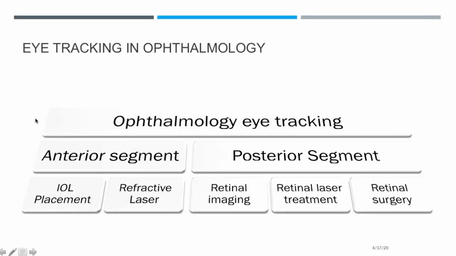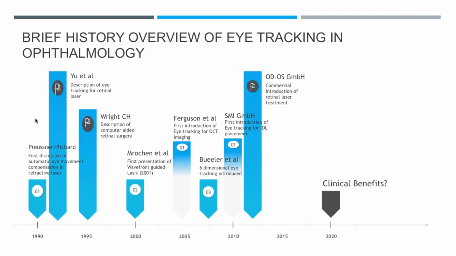In the posterior segment of the eye, of course, retinal imaging has been using features of navigation to stabilize the structures that we are imaging and then using our diagnostic approaches for. Another area using navigation is laser treatment for retinal diseases and also some surgical approaches. So I will be briefly covering all the updates.